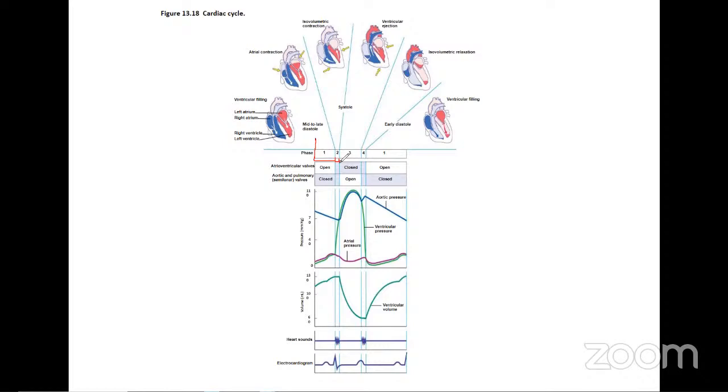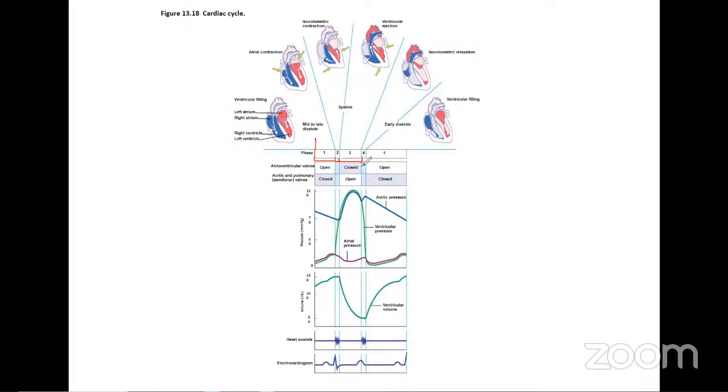So we're not getting blood into the arteries yet. As soon as our pressure is high enough to overcome that arterial pressure, we get into the ventricular ejection phase, which is when we have blood actually escaping the ventricles and getting pumped out to the rest of the body.